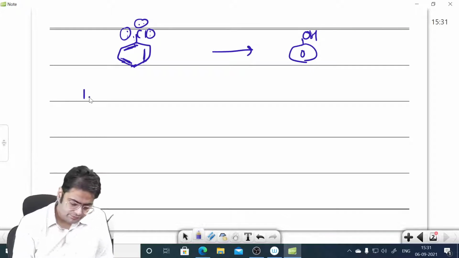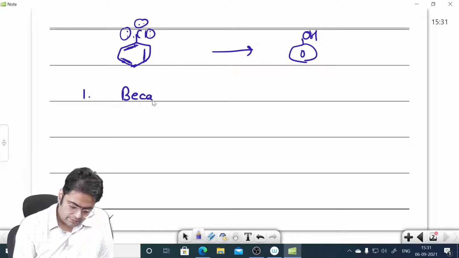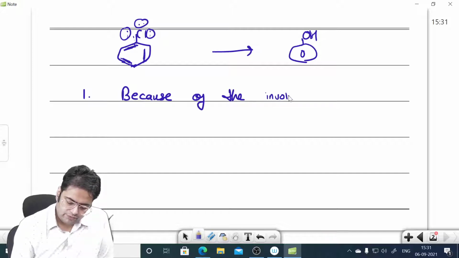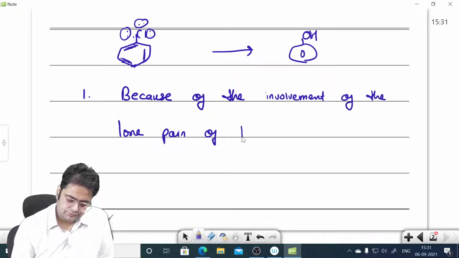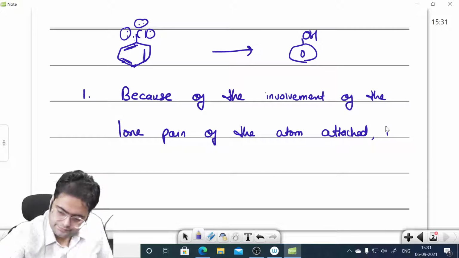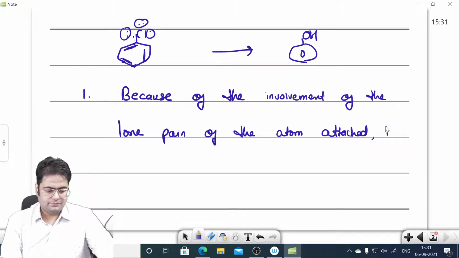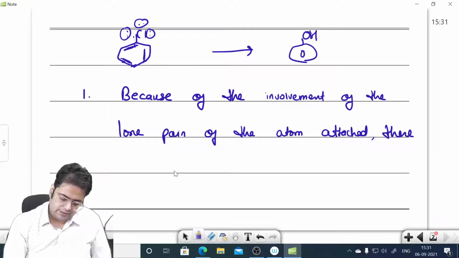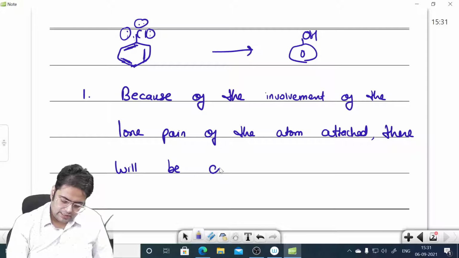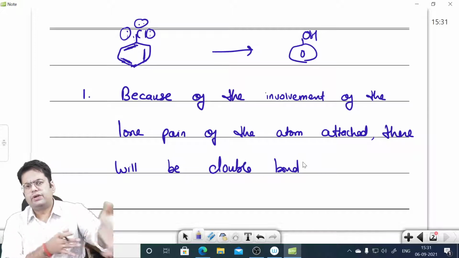So number one is because of the involvement of the lone pairs of the atom attached, there will be a double bond character, which will actually hinder this nucleophilic substitution.